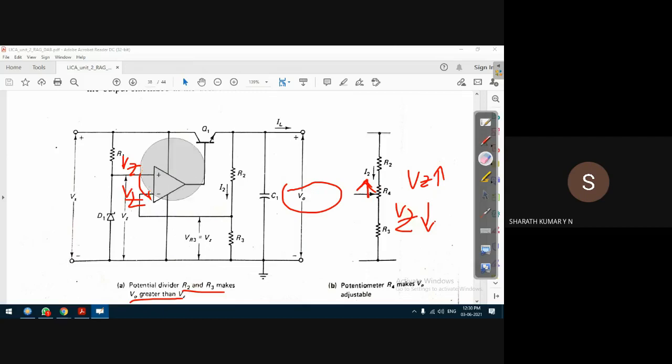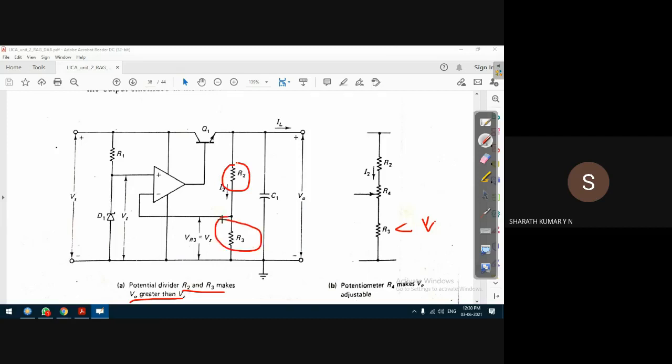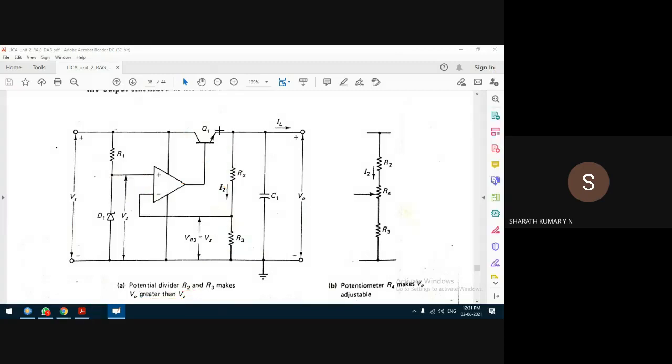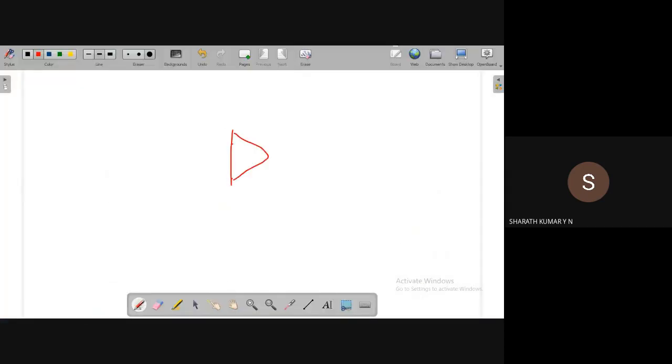Guys, one more thing is that if you observe this network, it is no more a voltage divider network. We have R2 and we have R3. That means it acts as a non-inverting amplifier. Voltage is applied to this non-inverting input terminal. Imagine that this acts as a short. This is connected to R2, then R2, R3, and the junction is given as input to the inverting input terminal. So if you consider this, it is a non-inverting configuration. This is VZ, the voltage across the Zener diode.